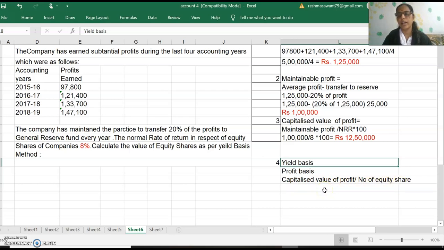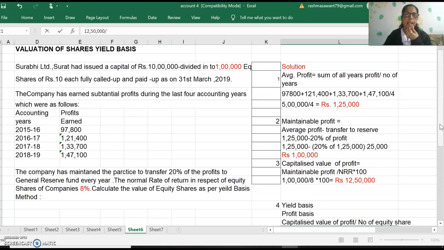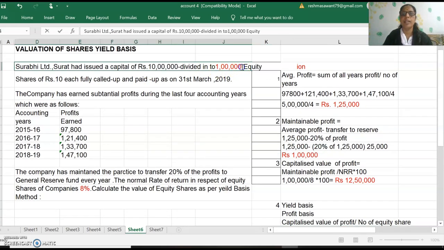So in above calculation number 3, we found rupees 12,50,000 as the capitalized value of profit. Use that amount, 12,50,000, divided by the number of equity shares. The number of equity shares mentioned in the question, which we highlighted already, is 1,000 equity shares of rupees 10 each.